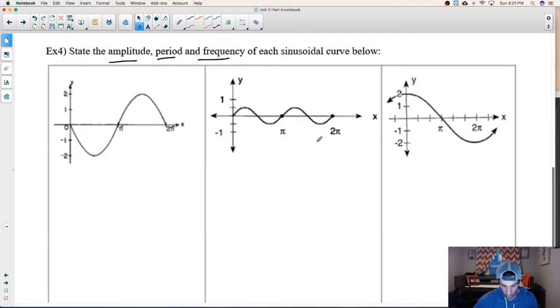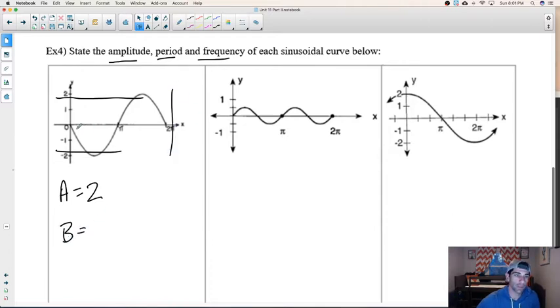All right, so here we go. So for this first one, I'll look at the amplitude. That's the easy one. That's how high did it go? Well, if I'm looking at this one, it went as high and as low as 2. So the amplitude is 2. All right, now frequency, we're looking at between 0 and 2 pi. Well, here's my sine curve. It went down, it went up, it went down.